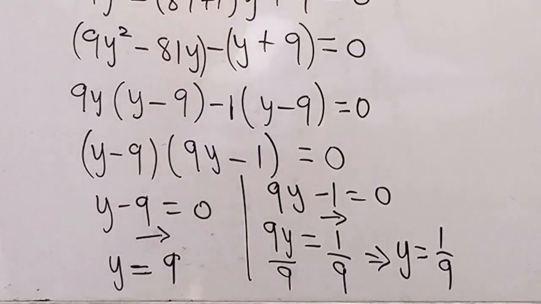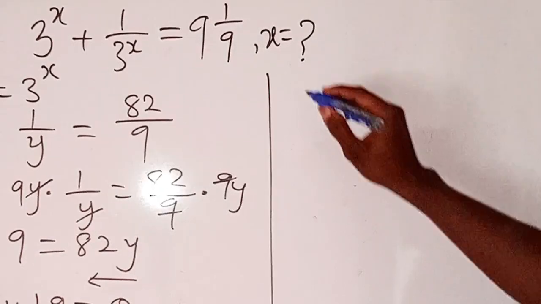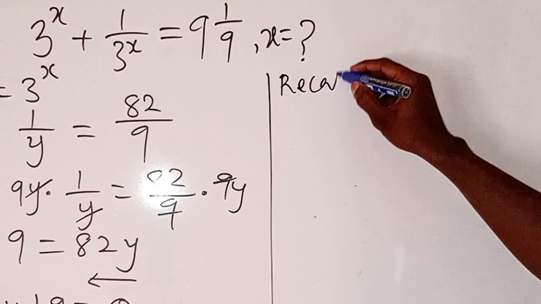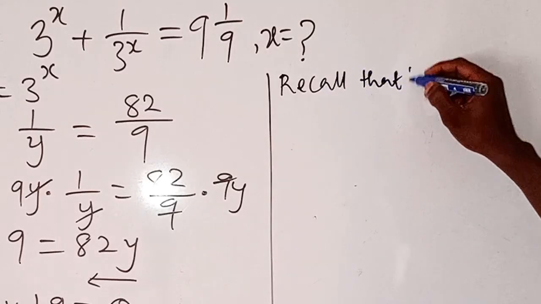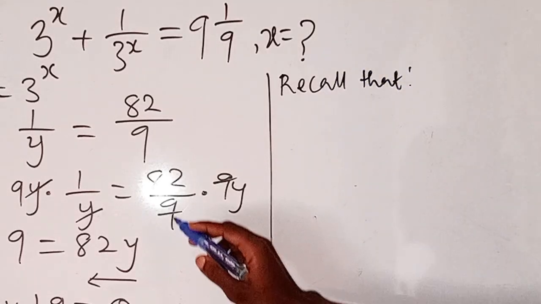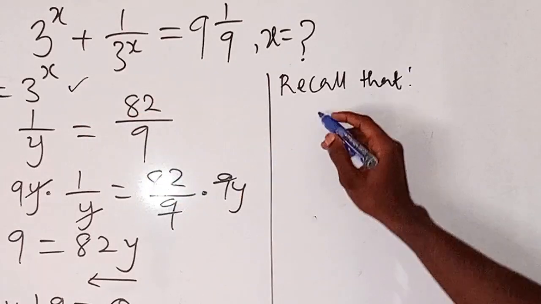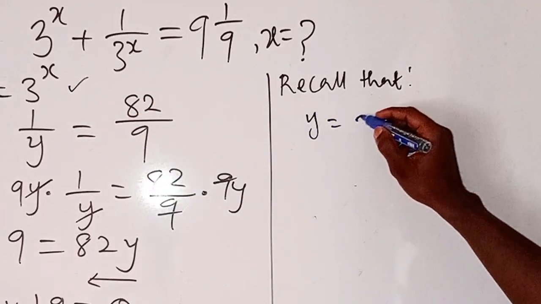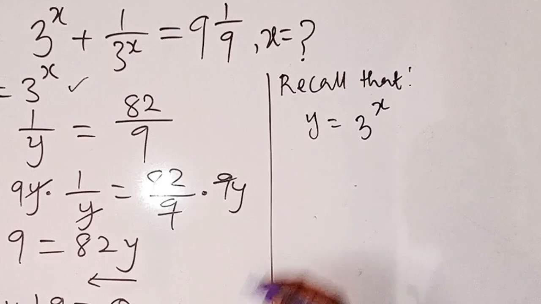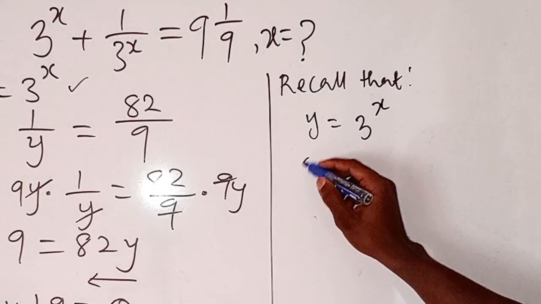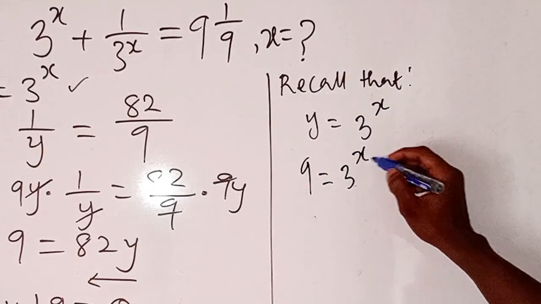But don't forget that we are not actually looking for the value of y. The value we are looking for is the value of x. From here, let's recall that we let y to be 3 to the power of x, and since y is 9 over there, we have 9 equals 3 to the power of x.